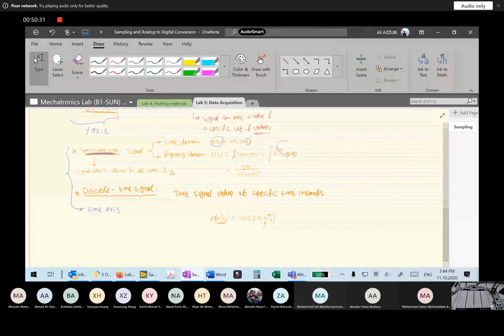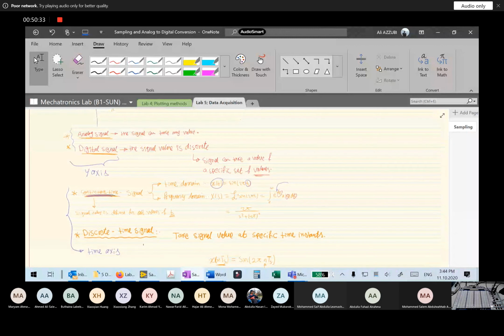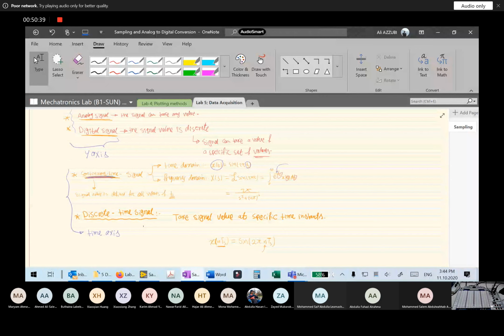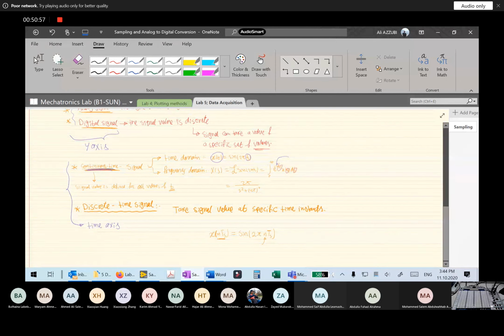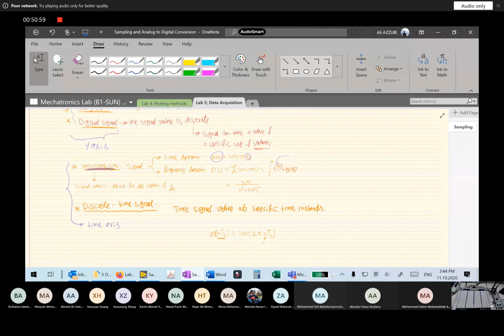No, the s domain is for continuous time signal, and the z domain is for discrete time signal. Now we are just focusing on time. Now, the signal itself being analog or digital, what happens in real life? People mix. They say analog and digital, but in their minds they think about continuous time and discrete time.